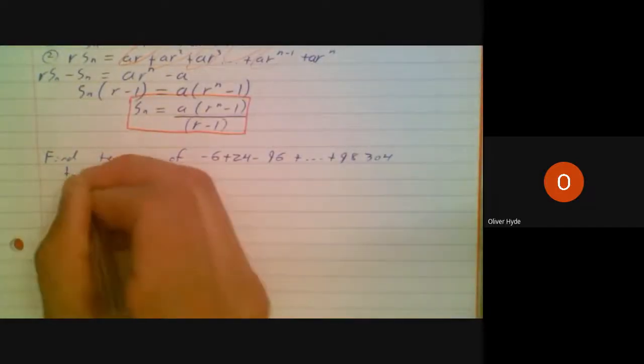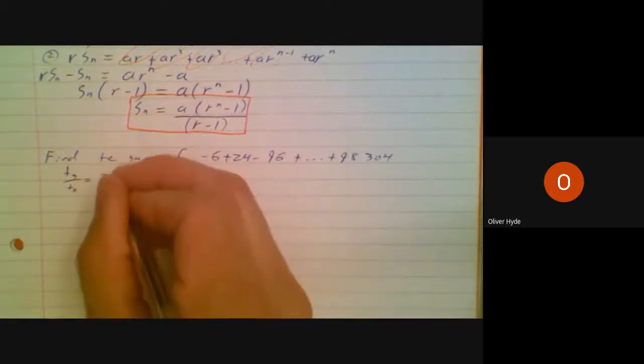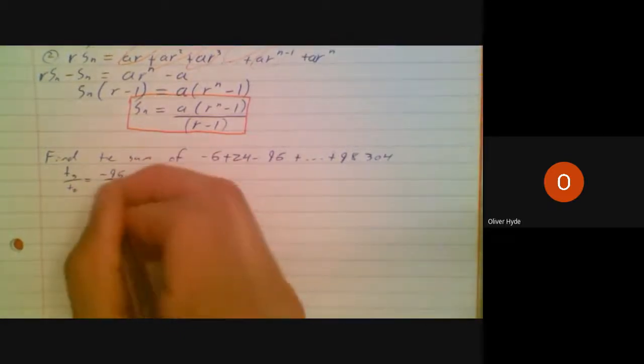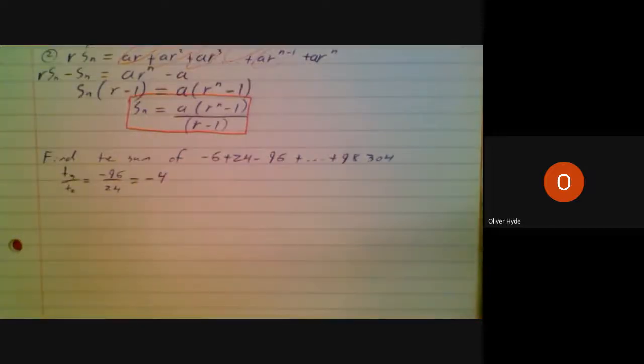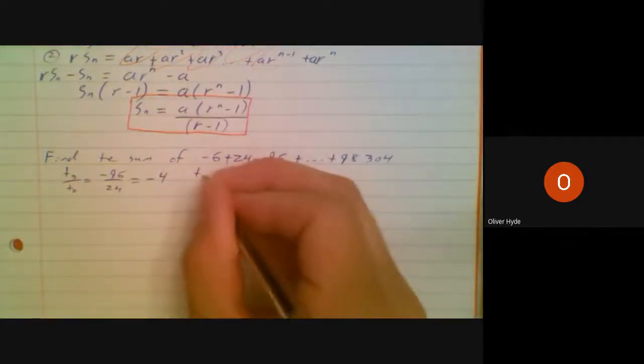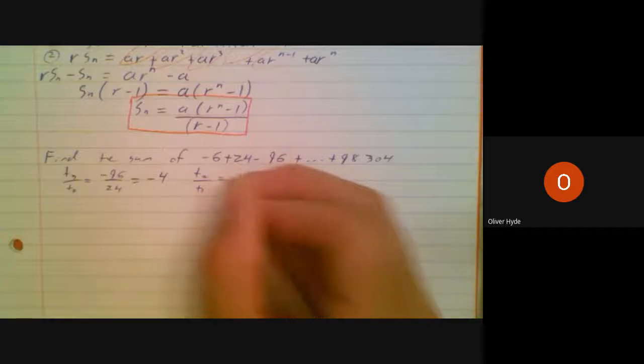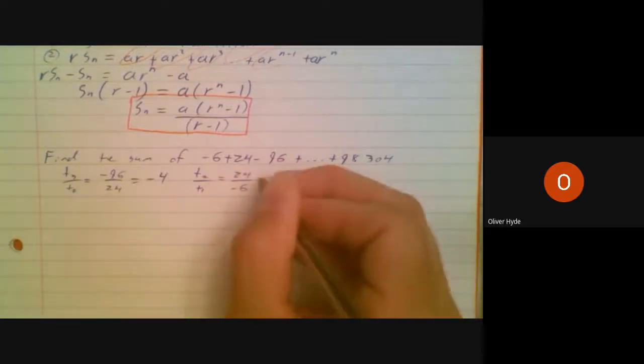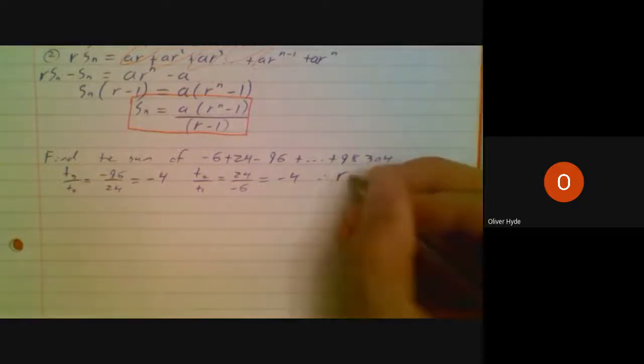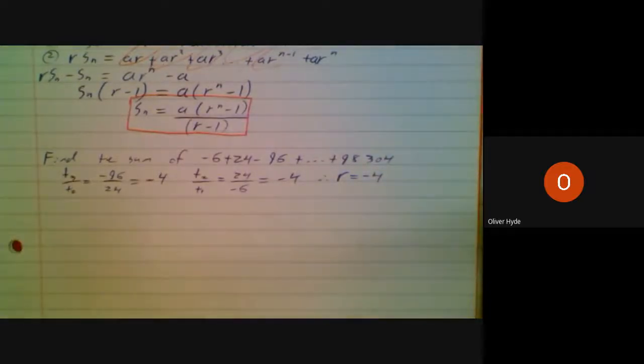So let me tell my reader I'm doing T3 divided by T2, show my reader that that's 96 divided by 24, and help my reader see that that is -4. Let's convince my reader that term 2 divided by term 1, which is 24 divided by -6, is also -4, and then we can conclude. When you write r equals -4, you are saying this is a geometric sequence with a common ratio of -4.